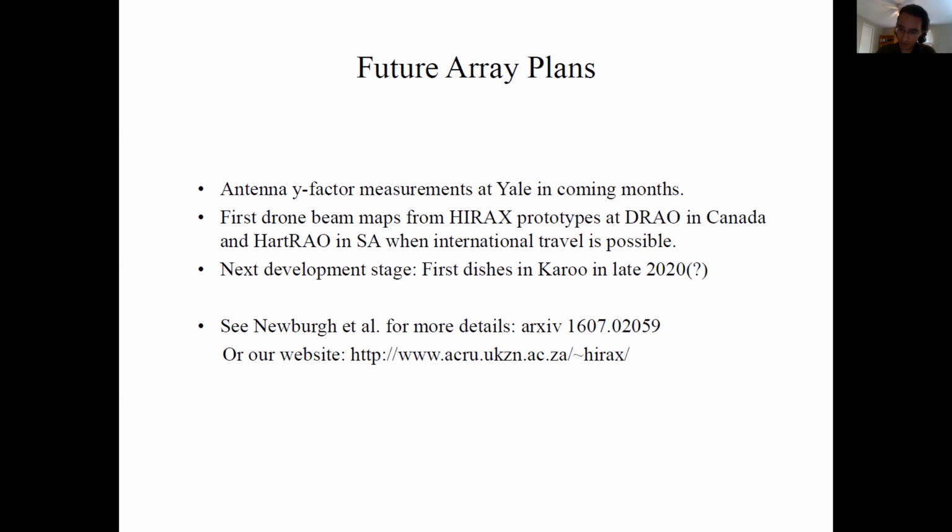And then we're also, as I said, putting out a tender for the production of the dishes in the next month or so, and that preliminary stage is going through. It looks like we will have bidding on the dishes, but when the construction can actually start again depends on just the global climate. But that's the next stage: start building stuff and start measuring it in the field. So that's where we are.